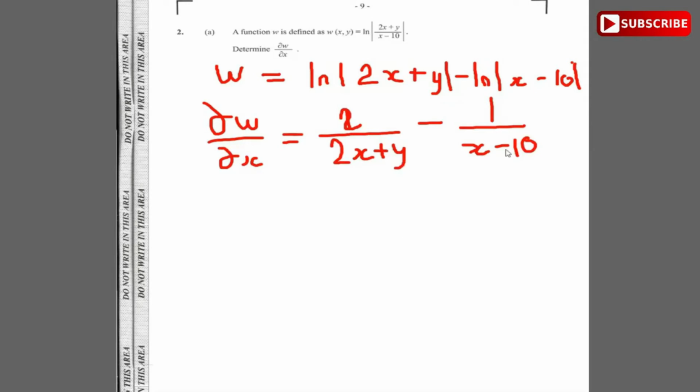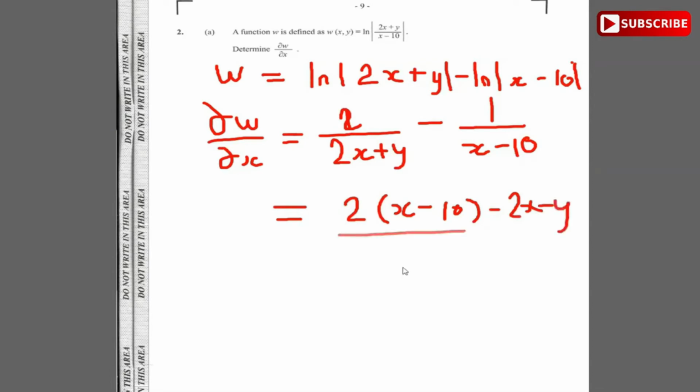Now, if you wanted to put it as one fraction, you could. Maybe you prefer to see it as one fraction. So you could write it as 2 times x minus 10, minus 2x minus y, over 2x plus y times x minus 10. This is just to simplify it. If you want, I wouldn't. That's a waste of time.